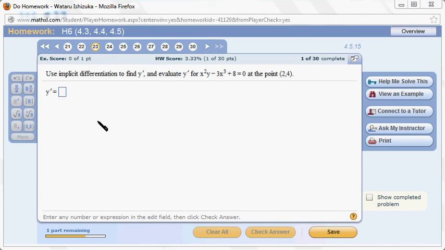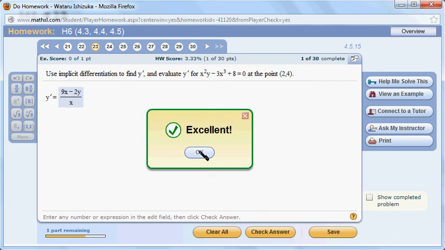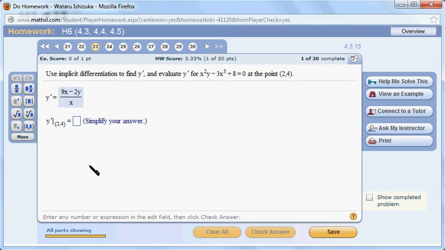The derivative was 9x minus 2y, and I'm going to highlight the whole thing, divided by x. Let's check the answer. We got that. Then we just need to evaluate this derivative at (2, 4).